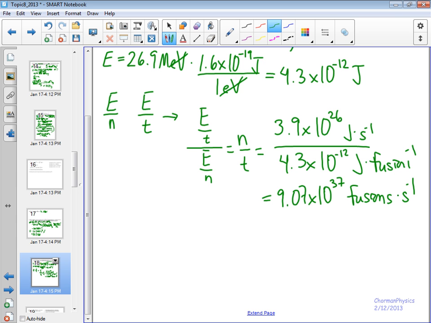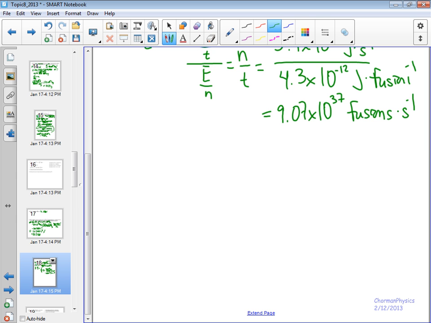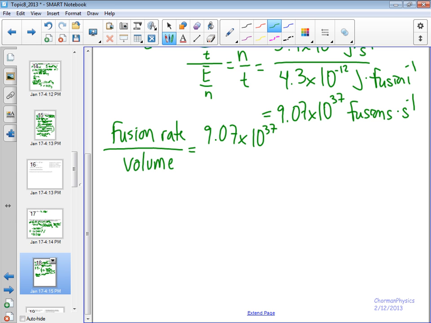Then the question that remains is how many fusions are happening per volume per second. To do that, we have a fusion rate per volume. We have both of those numbers, and we plug them in here.